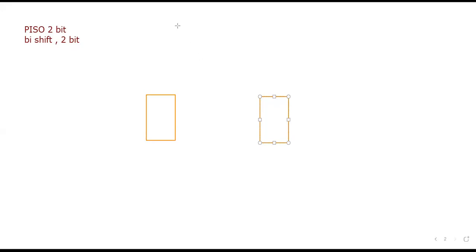For parallel in, parallel out, I have to draw over here two AND gates, and there is one OR gate over here. And then there is one OR gate.